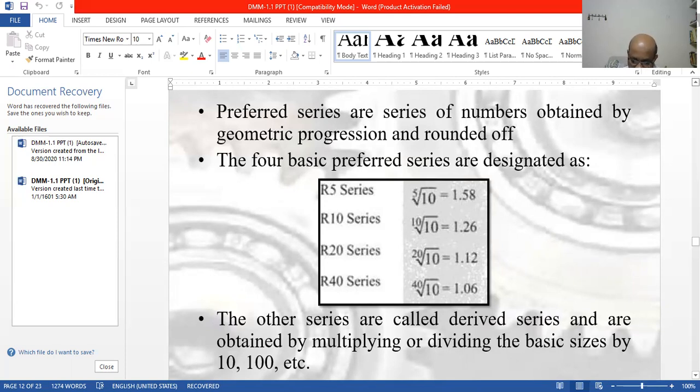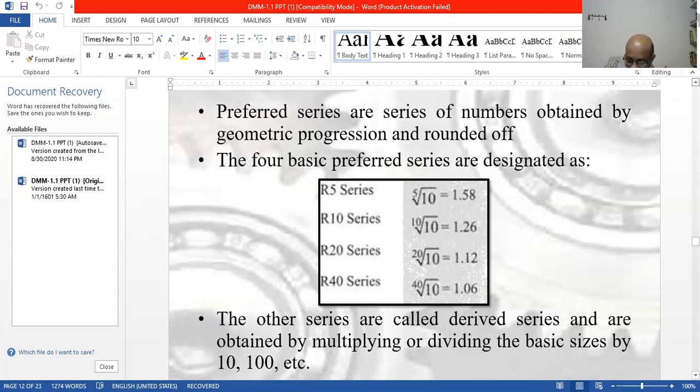What is tolerance? Tolerance is the difference between the upper limit and lower limit of the shaft. It is the difference between the upper limit and lower limit dimensions. In other words, it is the maximum permissible size minus the minimum size. The tolerance can be unilateral or bilateral.